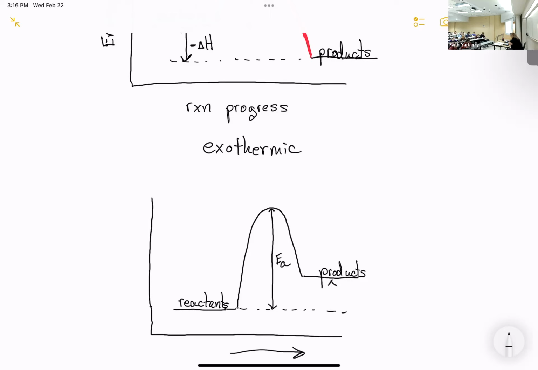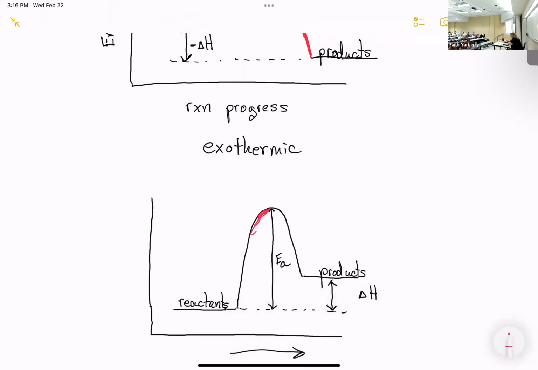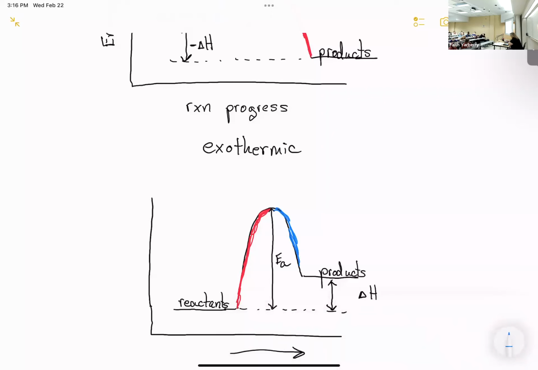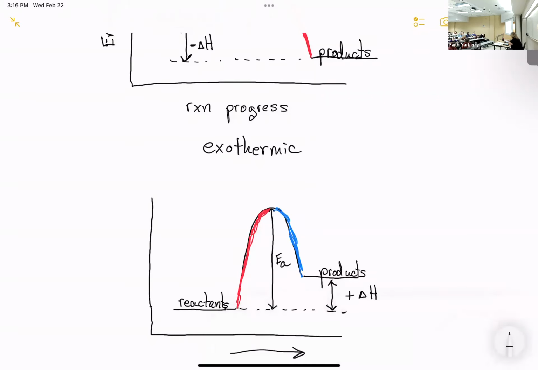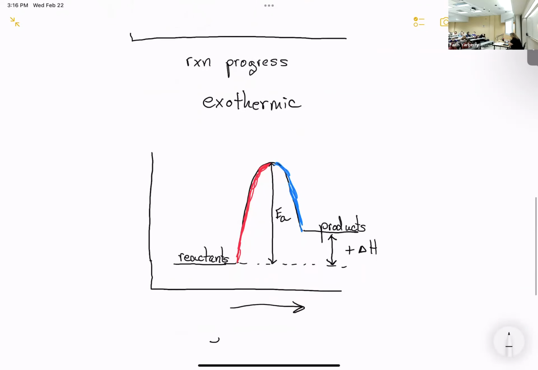And the difference between the reactants and the products is going to be related to its enthalpy. In this particular case, you had to put in more energy than you got out. Because you put in more energy than you got out, this is a positive enthalpy, and so this is an endothermic process.